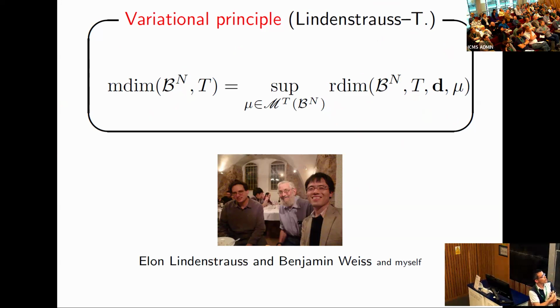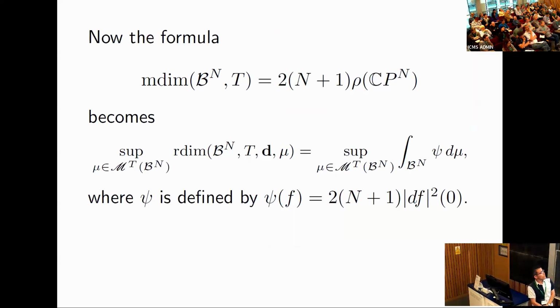All right. So if we take the supremum, then this rate distortion dimension is equal to mean dimension. Okay, so again, this is a mean dimension formula. Now this becomes this formula: the left-hand side is the supremum of rate distortion dimension, and the right-hand side is the supremum of some integral of the potential function C.